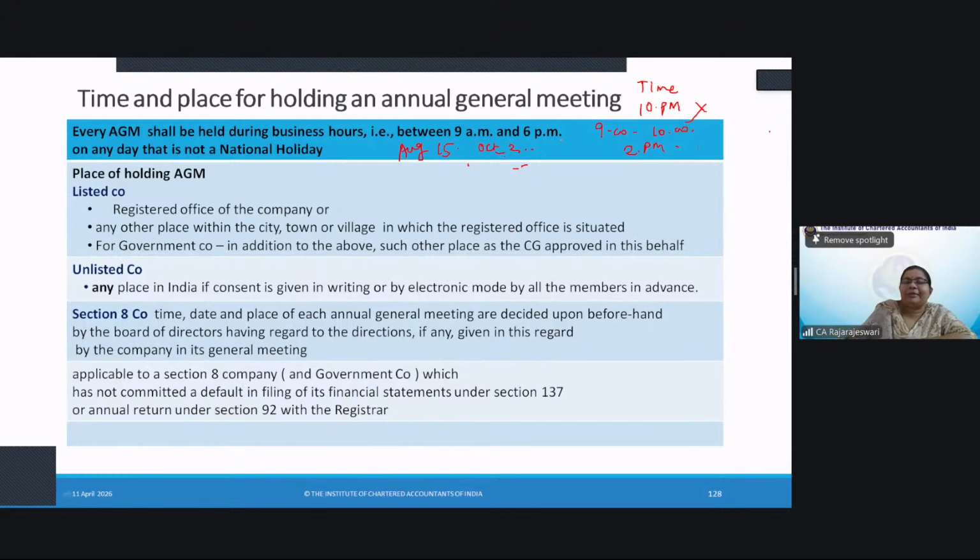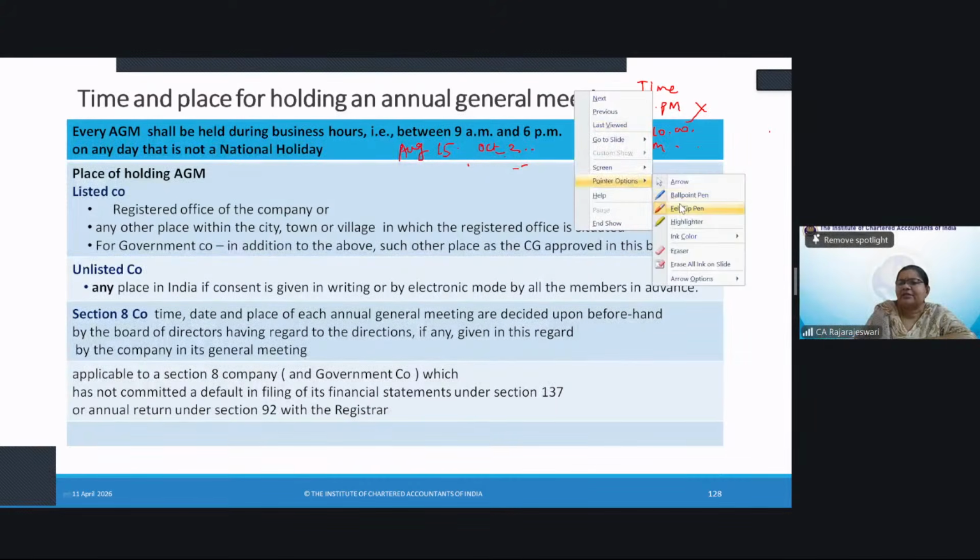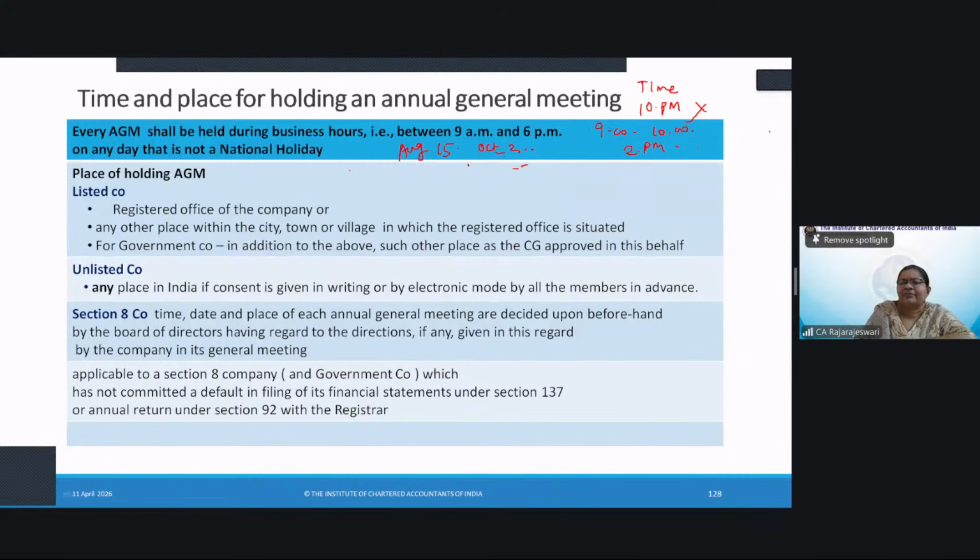And at which place should you hold it? Suppose they test you in the examination: the AGM was conducted on August 15th. Then you should remember it cannot be held on a national holiday, and you should give your comment that it cannot be held on August 15th. Then the AGM is generally held at the registered office of the company.